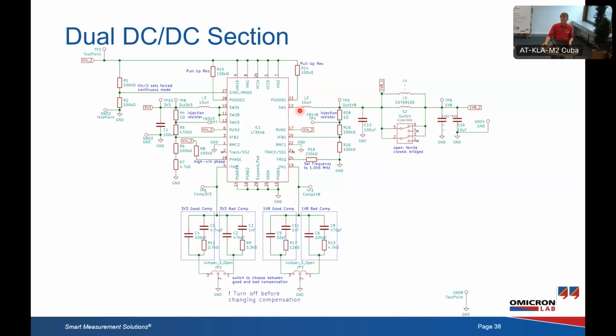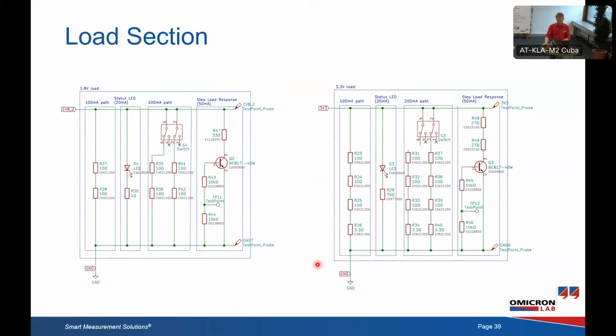So here is the output inductor, the feedback divider with injection resistor for a loop measurement, output capacitor, then a Faraday bead, and a second output capacitor. And then on the compensator, there's the possibility to choose between a high phase margin and a low phase margin compensator. The load is not so critical in that case.